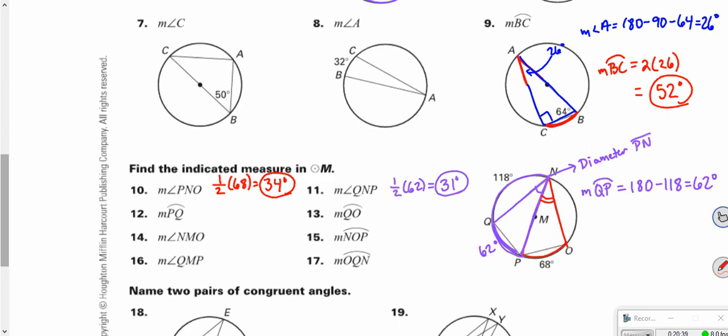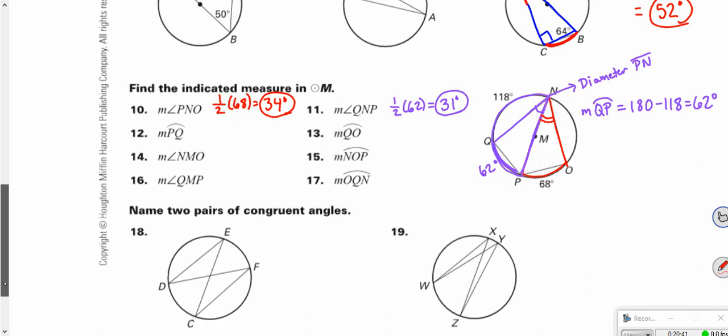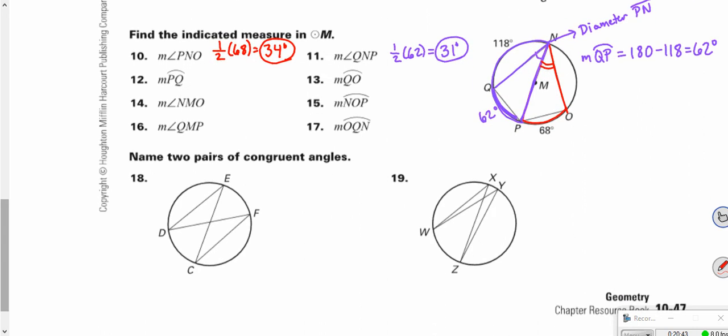Okay, moving down. Name two pairs of congruent angles. So if this is my arc, remember my intercepted arc comes from two different inscribed angles. That means those inscribed angles have to be congruent. So this has to be congruent to that.